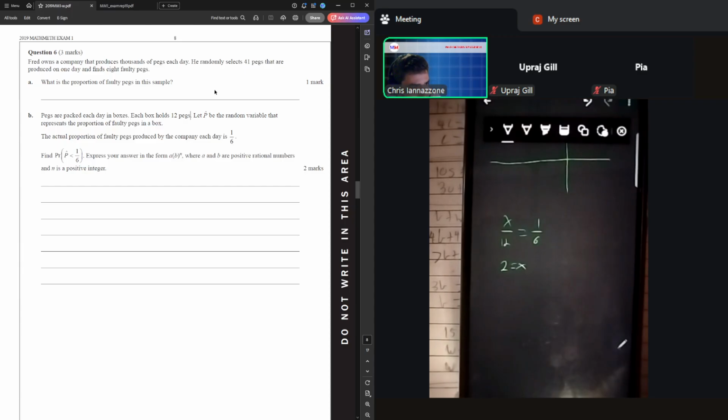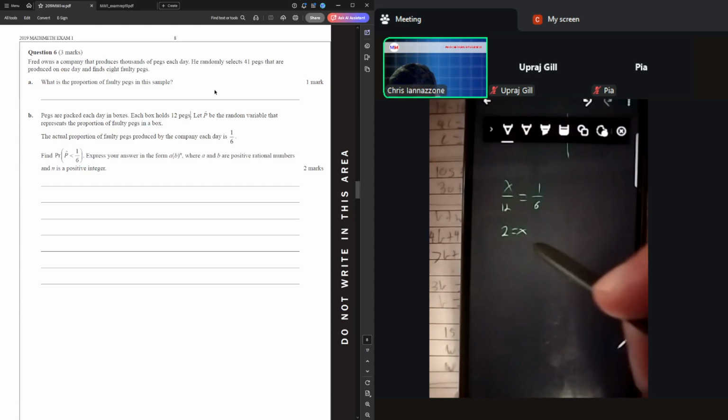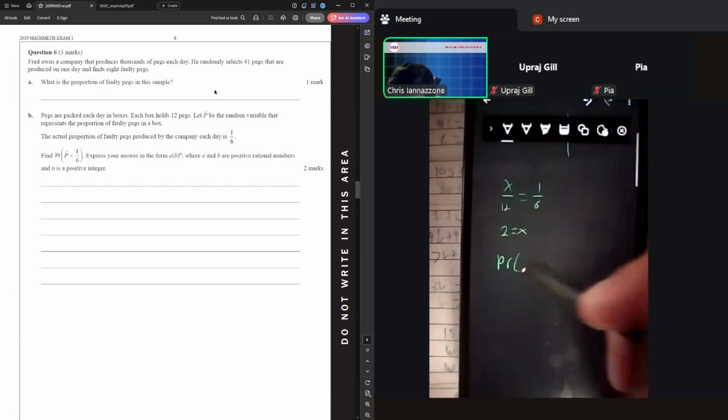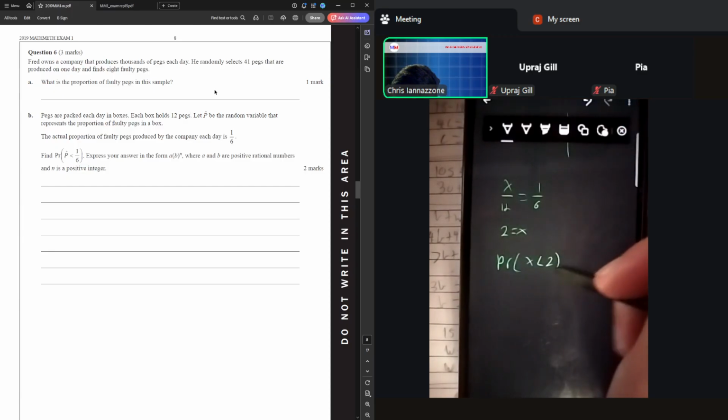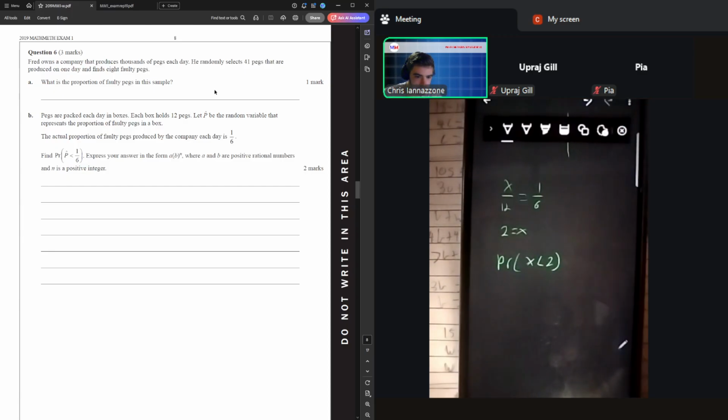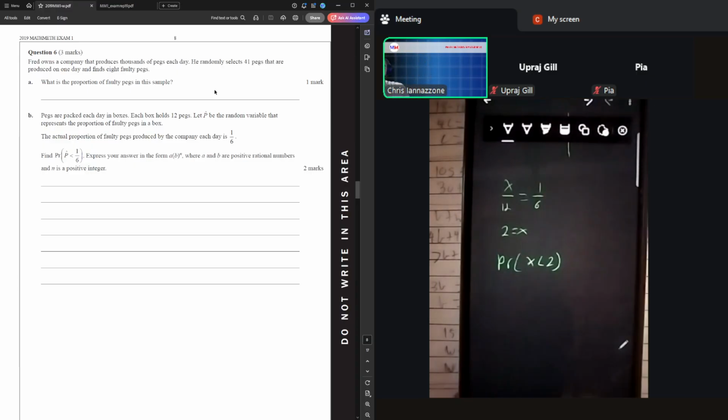And so effectively, you're going to now rewrite your probability as x less than 2. Remember, you've got to maintain the same inequalities there. We're just converting that 1 on 6, a proportion, into x equals 2, a discrete value. Because now we can treat it like discrete. I'll leave that there for now.